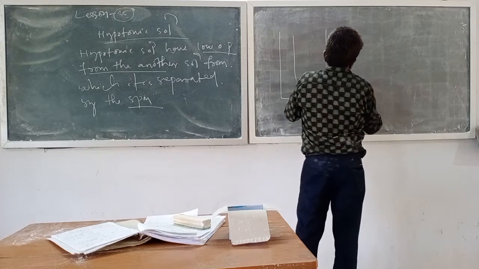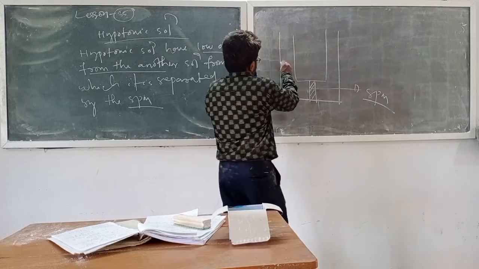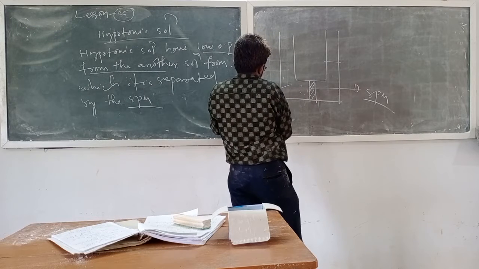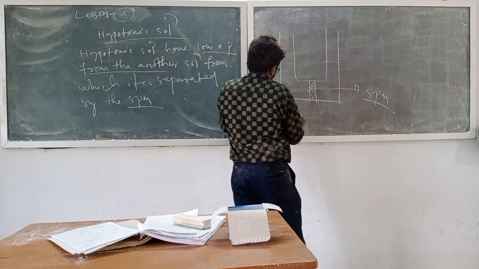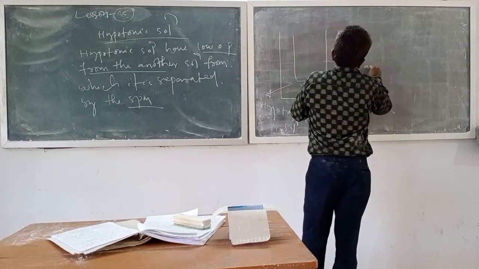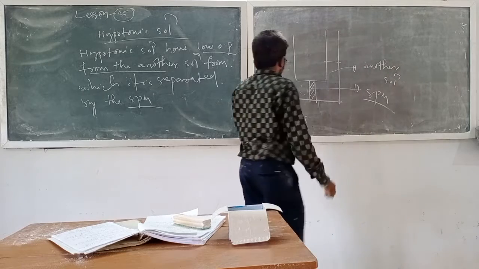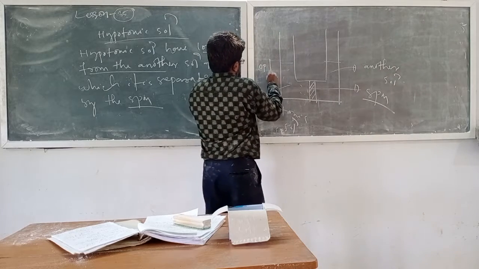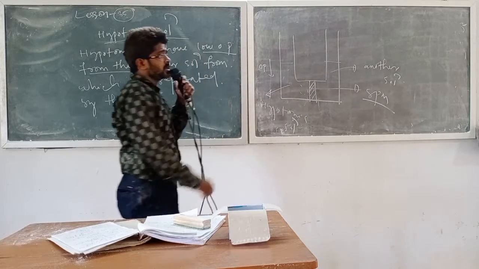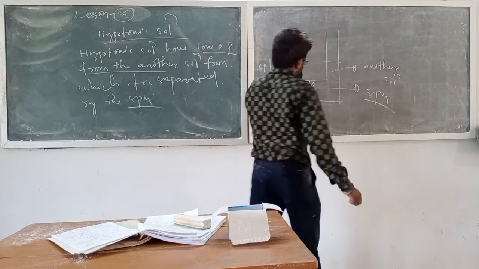Suppose this is the SPM, semi-permeable membrane, and this is the hypotonic solution, and this is another solution. So the hypotonic solution has osmotic pressure lower than this solution, which has higher osmotic pressure.